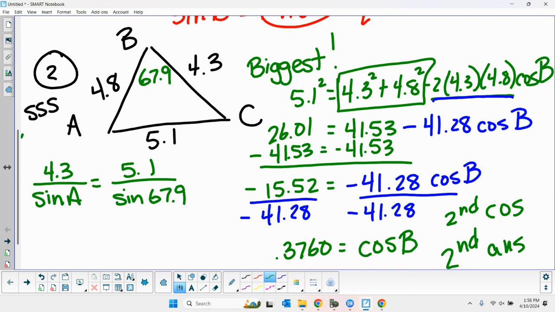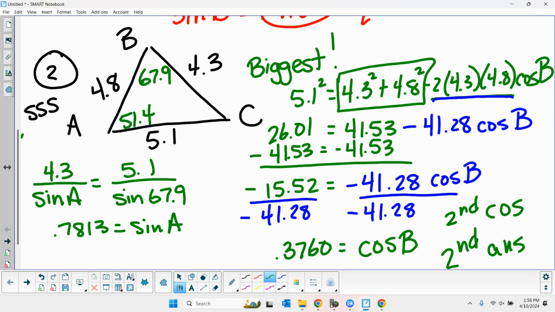When I cross multiply and divide there, I get 0.7813 is the sine of A. So when I go second sine, now remember you're back at law of sine, so you go second sine, second answer. Angle A comes out to be 51.4.